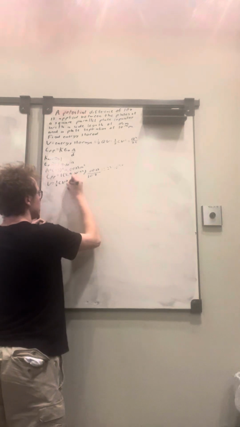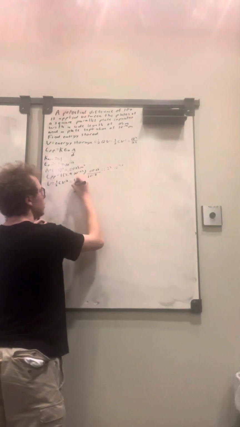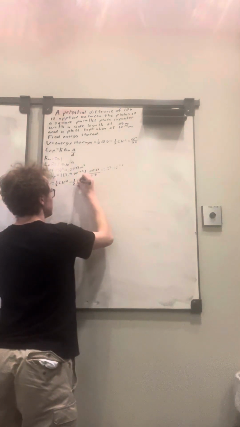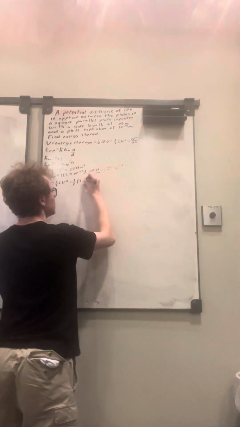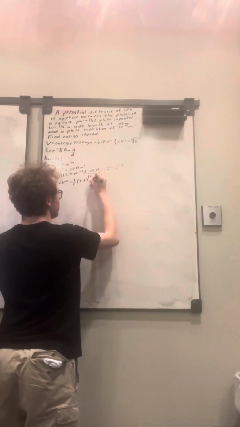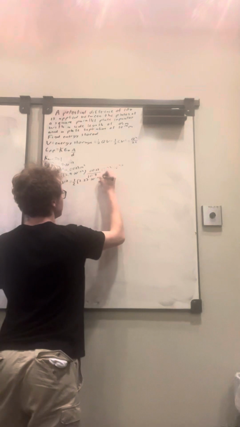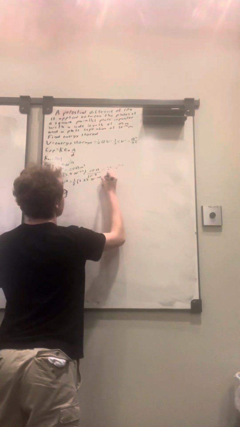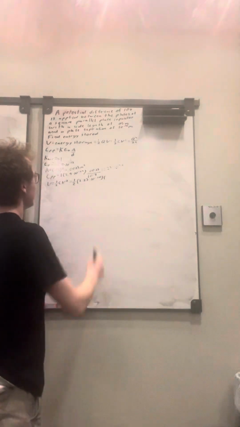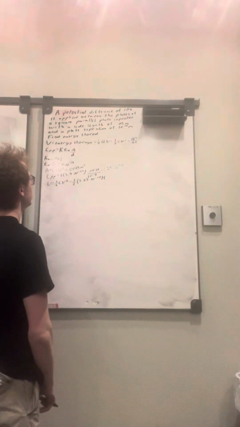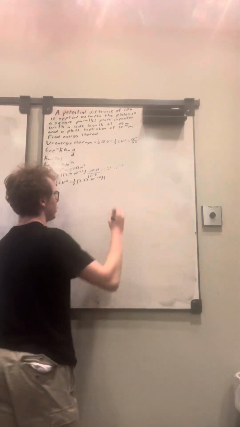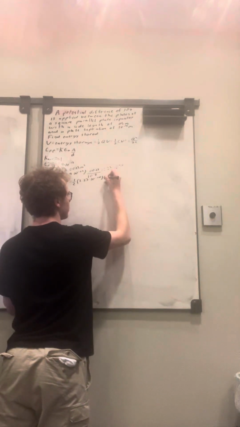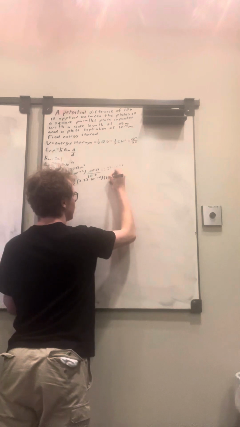So that's going to equal 1/2 times 2.23 times 10 to the negative 10, multiplied by V squared. Our V value is 10, and 10 squared is 100. So this is multiplied by 100.